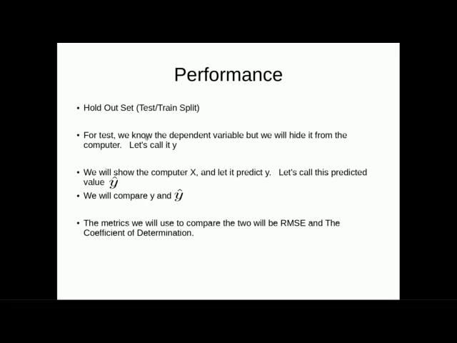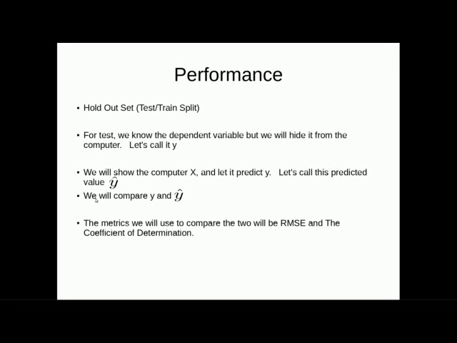So for the test, we know the dependent variable, but we're going to hide it away from the computer. Let's call that y. We're going to show the computer our input variables, our independent variables, and let it predict y, the dependent variable. Let's call the predicted variable, what comes out of the computer, y hat. This little thing here is called a hat.